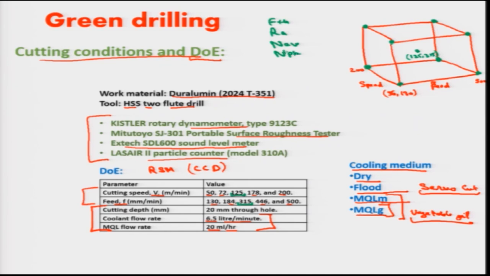The total noise, average noise during the machining, the total peak noise or the specific peak instant is noted, and also aerosol concentration, which I have put as PM10. PM10 is particulate matter 10. All the particles of size lesser than 10 micrometer are taken into account. So these are the 5 output parameters.